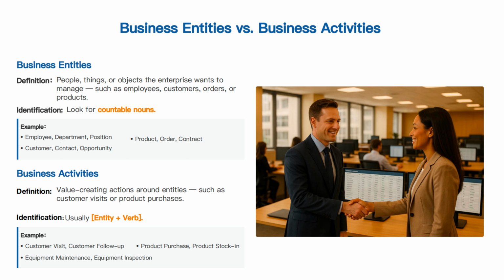The second category is business activities, which are specific actions centered around business entities that create value. Examples include customer visits, product procurement, and equipment maintenance. A notable feature of these activities is that they often take the form of business entity plus verb, such as customer visit or equipment maintenance.